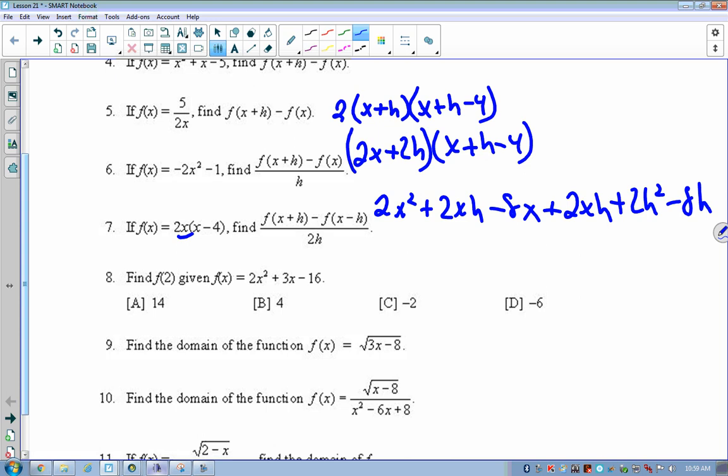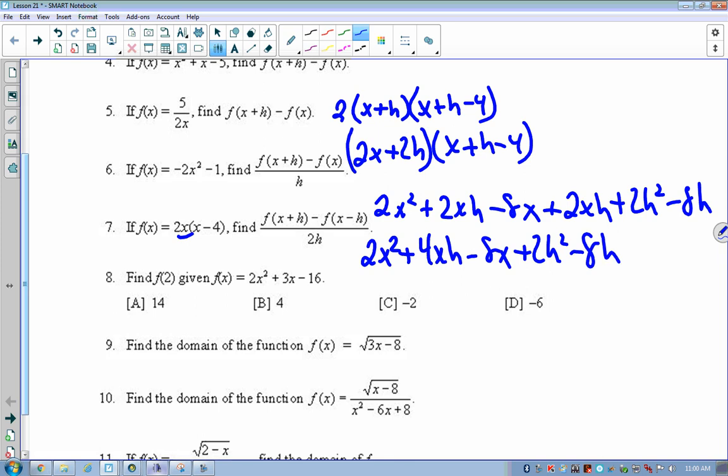Do I have doubles of anything? Okay, so I just have the 2x squared, right? But I've got 2xh's, so it's going to be plus 4xh. Okay, I don't have any other x's, so I got minus 8x plus 2h squared minus 8h.